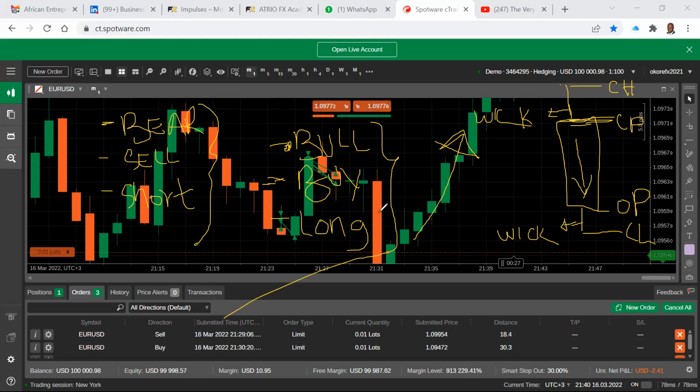This would be the lowest price it reached, and this will still be the highest price it reached. The only thing that changed here would be that this would be the opening price, and this would be the closing price.